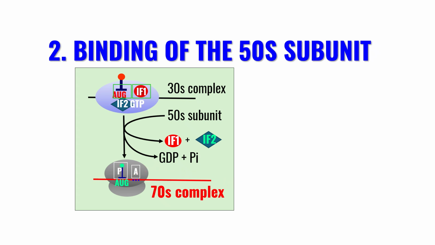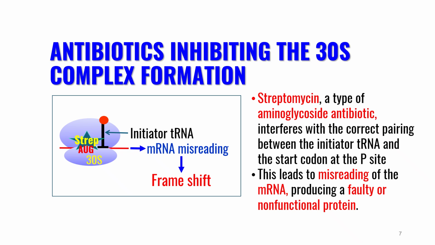So let us discuss now the elongation step. Thus, any antibiotic that interferes with the formation of the initiation complex or 30S complex will inhibit the initiation step of translation. The example is streptomycin, which is a type of aminoglycoside antibiotic.